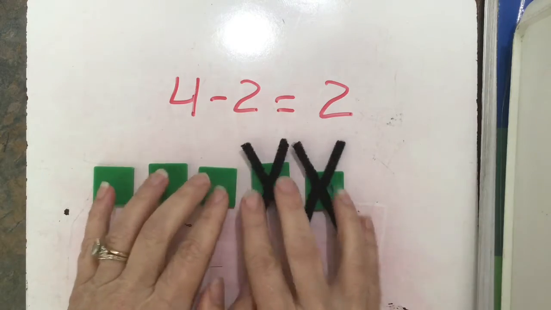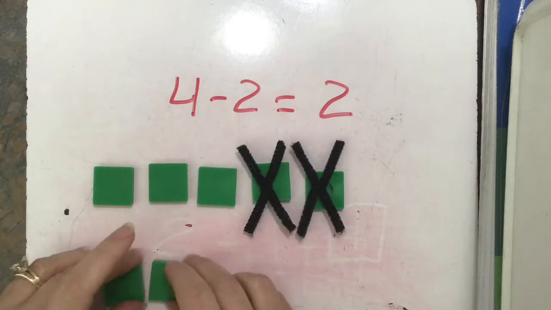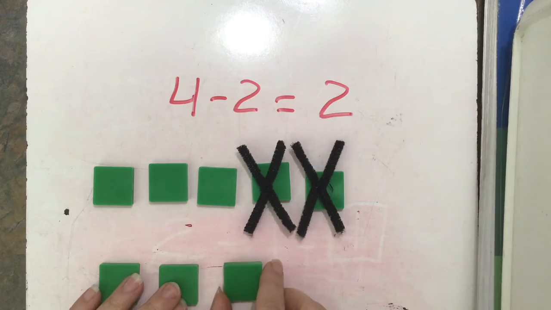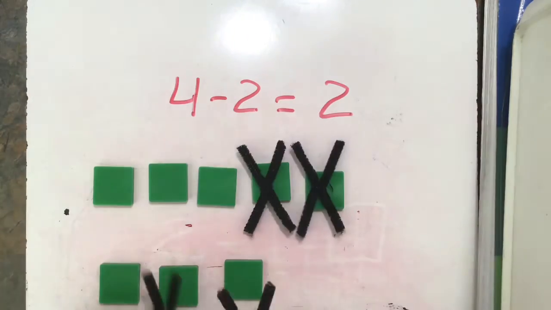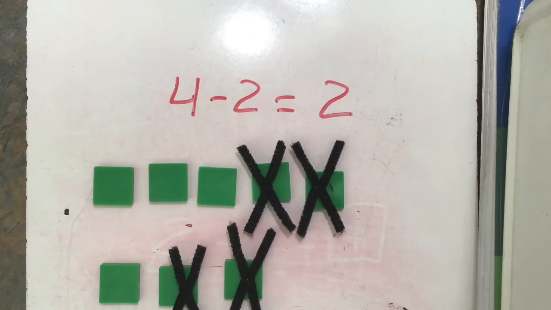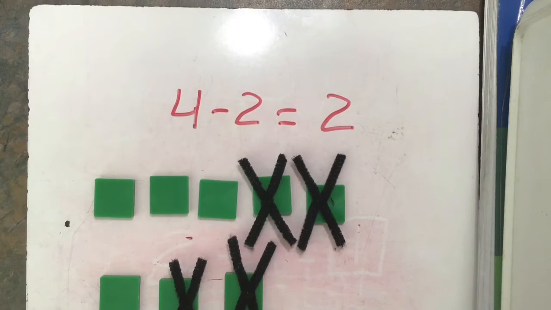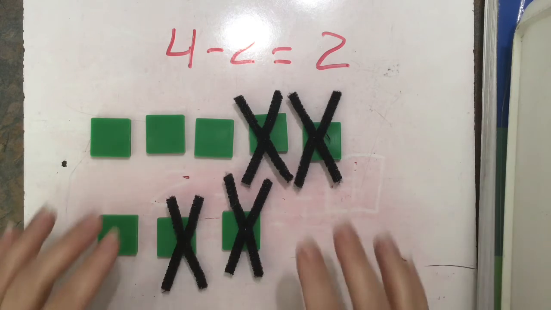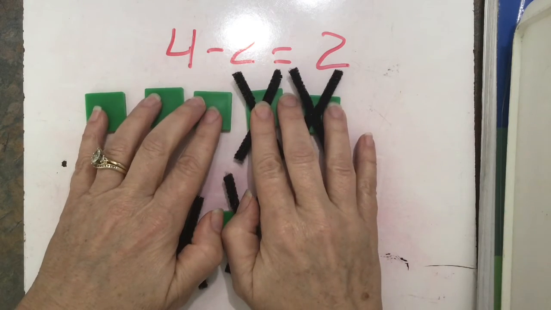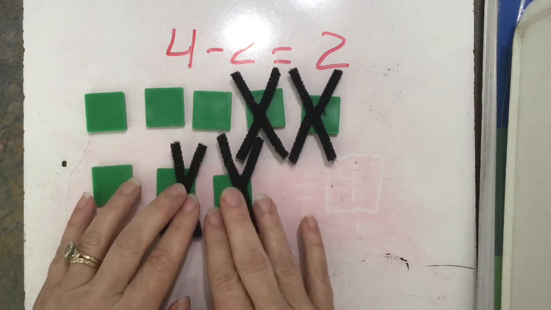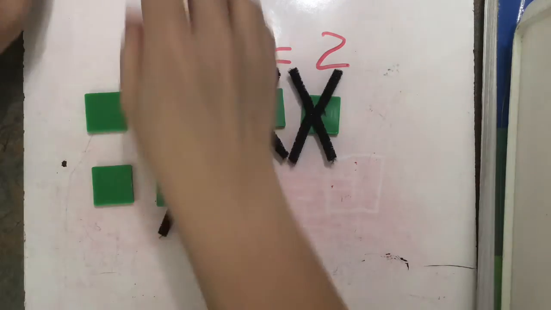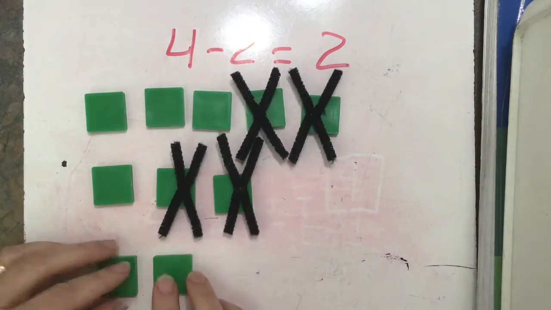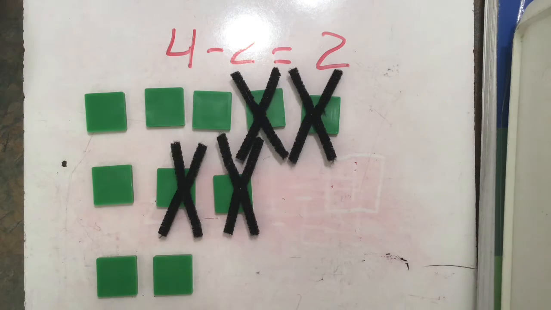There's one choice. Here's another choice. I'm going to scoot my board up. See if I can get it all on the screen. I don't know. We'll see. I may have to make my cubes a lot smaller.